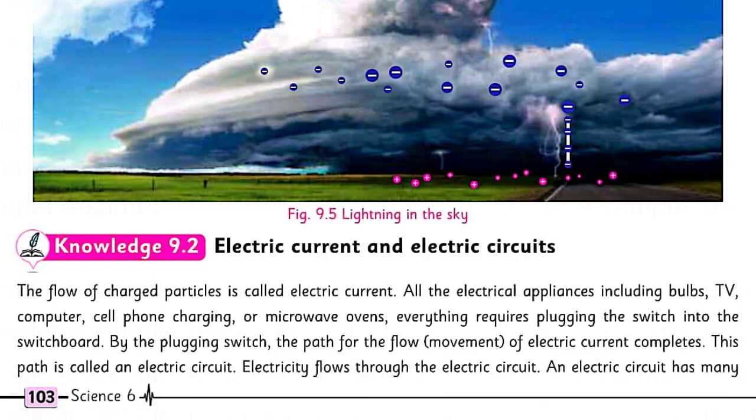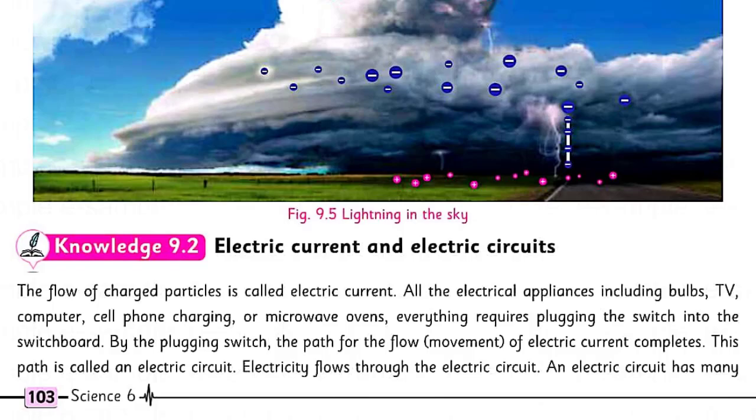By plugging in the switch, the path for the flow of electric current completes. This path is called an electric circuit. Electricity flows through the electric circuit.